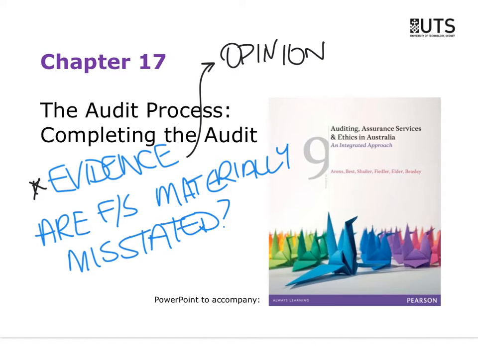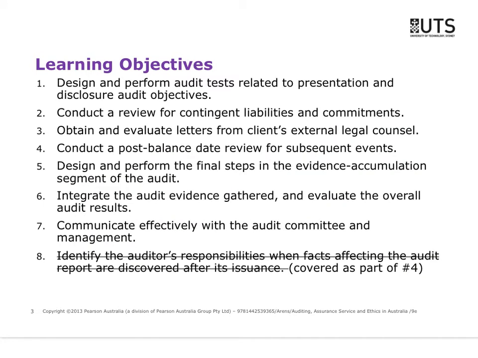However, there are some things that we can only do at the end of the audit, and I'm going to go through those particular areas today. So we're going to do a few different things. Let me just put my highlighter on. So we're going to look at what do we do in relation to presentation and disclosure objectives or assertions.